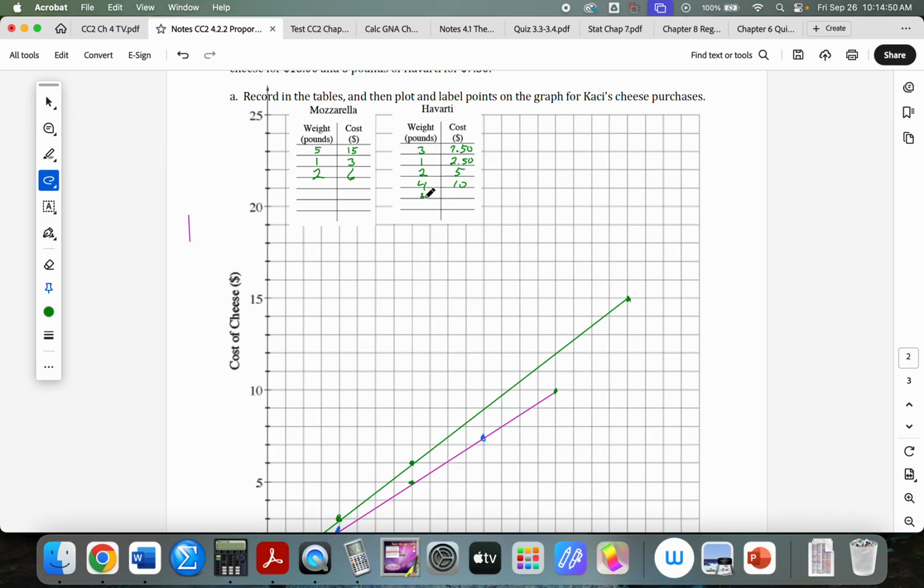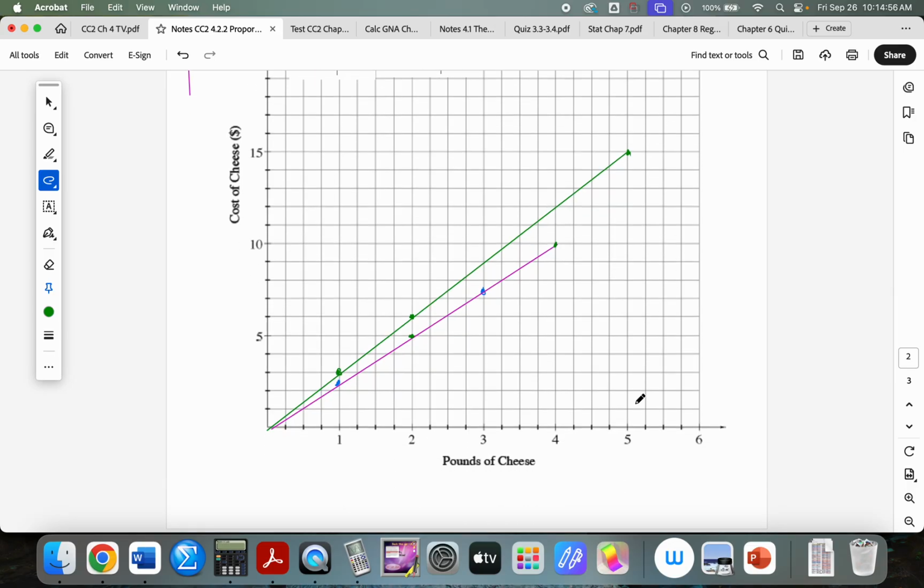Let's see, so 5 would be $12.50. So 5 is 10, 11, 12.50. And 6 would be 15. So I'm going to extend this line.